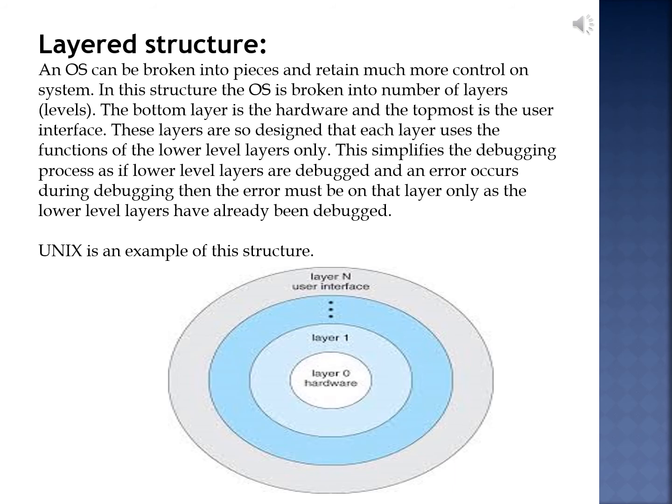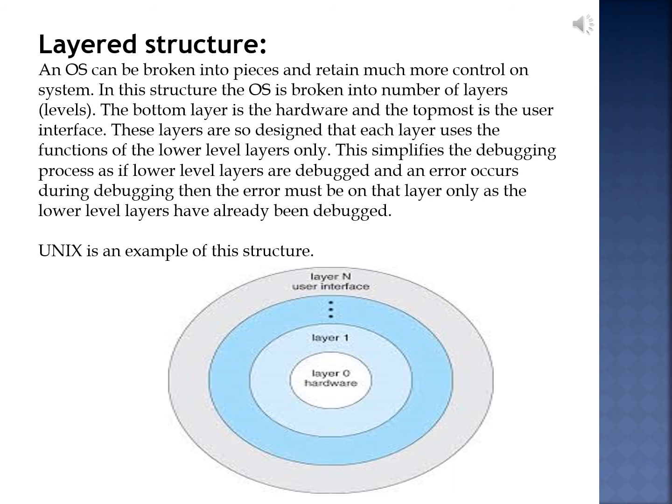This simplifies the debugging process, as if lower level layers are debugged and an error occurs during debugging, then the error must be on that layer only, as the lower level layers have already been debugged.